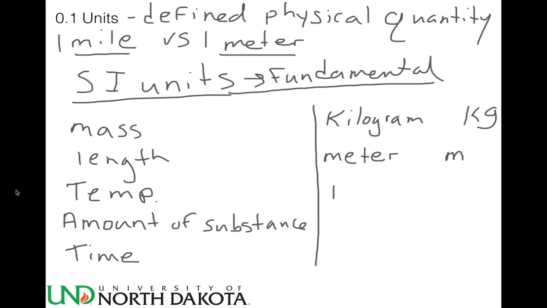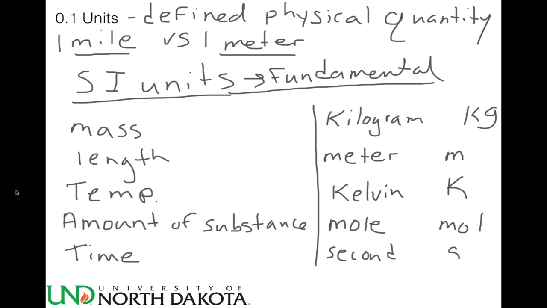Temperature is measured in Kelvin, which is shown as capital K. Amount of substance is called a mole, abbreviated as mol. And the fundamental SI unit for time is the second, which is shown as a lowercase s. So these are the fundamental SI units we will be using in this course.